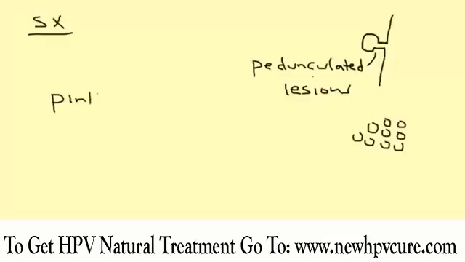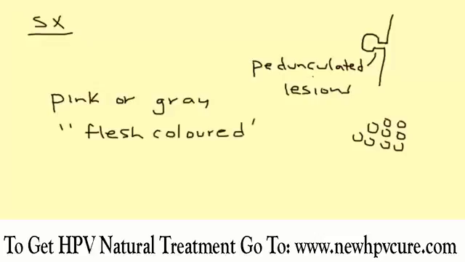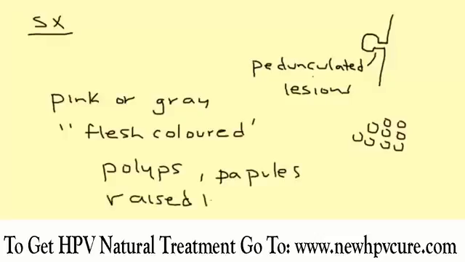They're known to be various colors such as pink or gray, sometimes even described as flesh-colored. And they're described either as polyps or papules or raised lesions. All are appropriate ways of describing them.